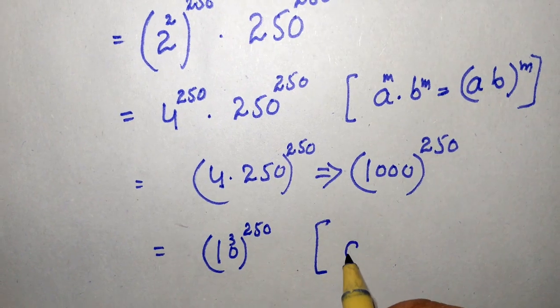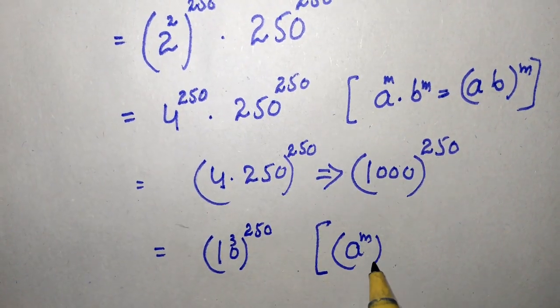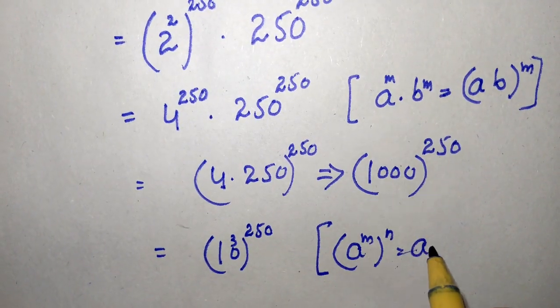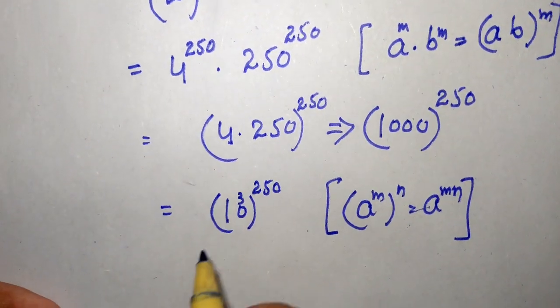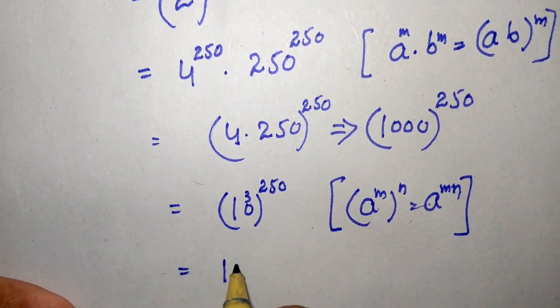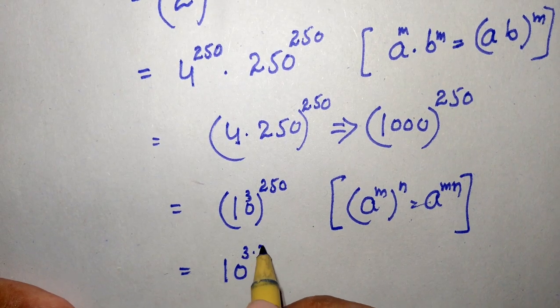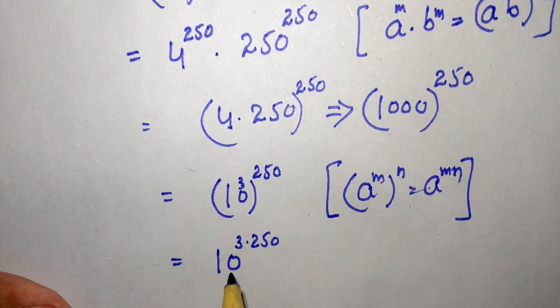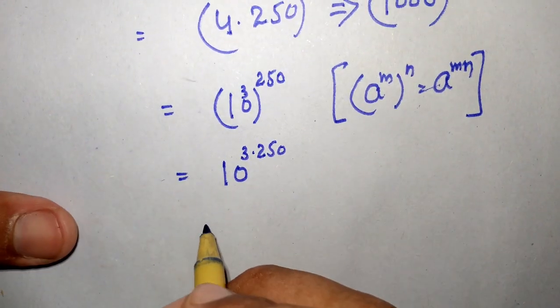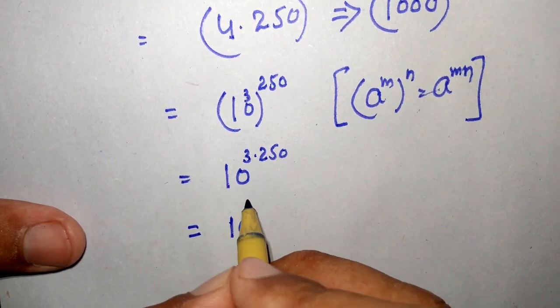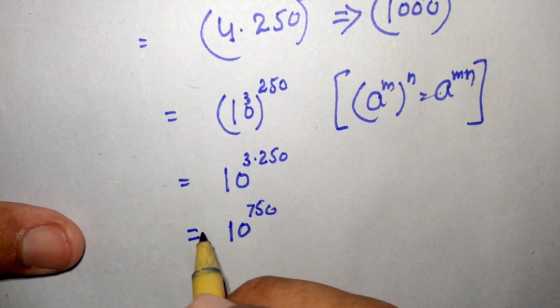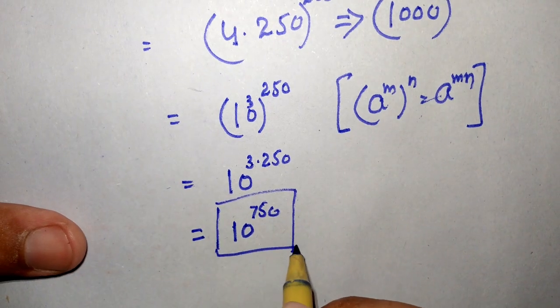We also know that (a to the power of m) to the whole power of n is equal to a to the power of m times n. So by applying this, this will become 10 to the power of 3 times 250, and 3 times 250 is equal to 750, and this is the final answer in simplified form.